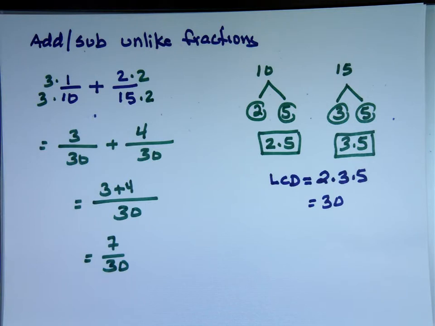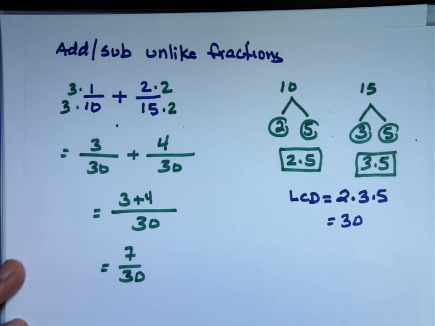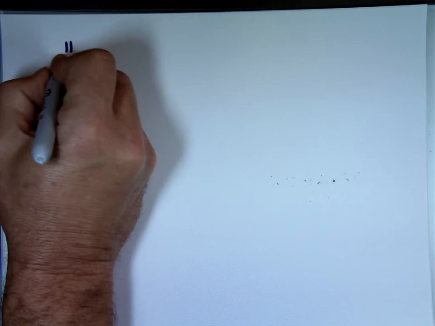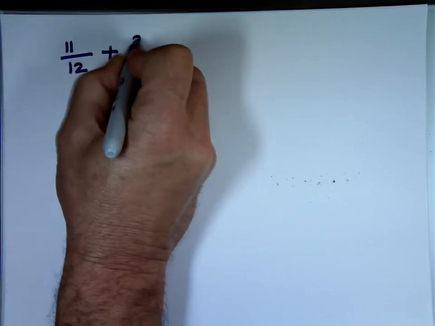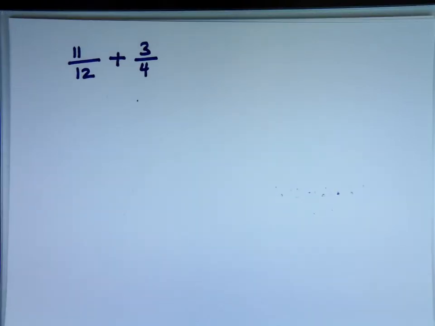Let's try another one. 11 over 12 plus 3 over 4. Now you said early, sometimes I can look at them and get the answer quickly. Well, in this case, for the LCD, my goal is to make the two numbers on the bottom the same.